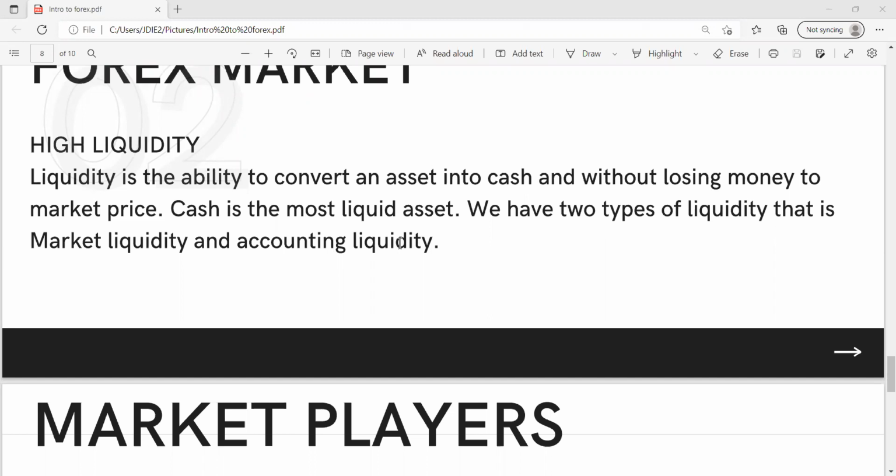So let's take two things. Let's say we are in Ghana and you want to convert an asset. Let's say my iPhone over here, and then let's say a Maserati or a Rolls Royce. Which one do you think will be easier for us to sell into cash? The iPhone.